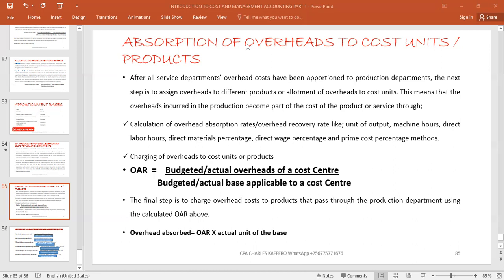If we use one overhead rate, there are some overheads which you can't even quantify, and you're just using one method to compute everything. You need to make sure that you are not overstating or understating the costs we've incurred. You use the appropriate basis. If it is in terms of labor cost, make sure you're using the direct labor hours.